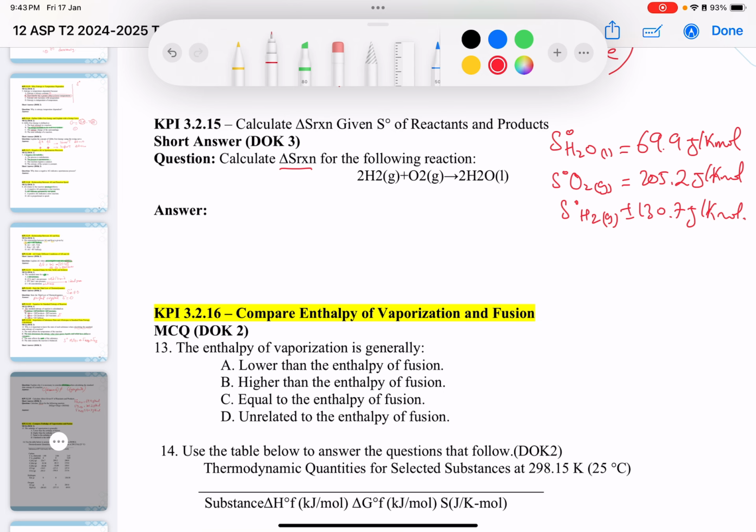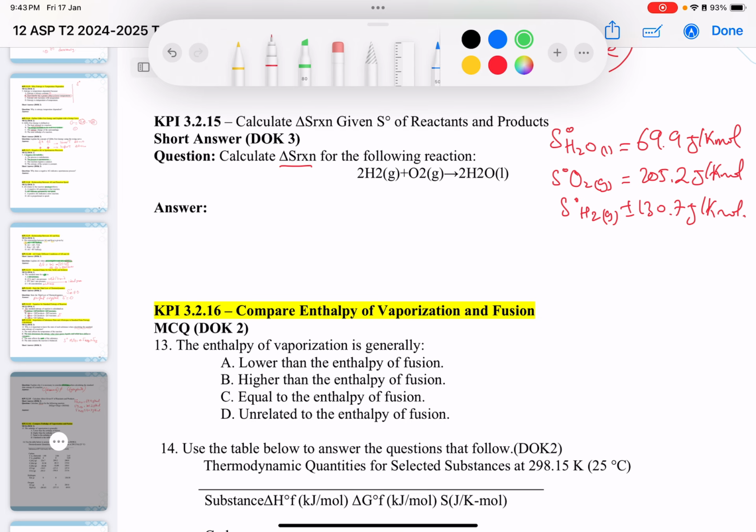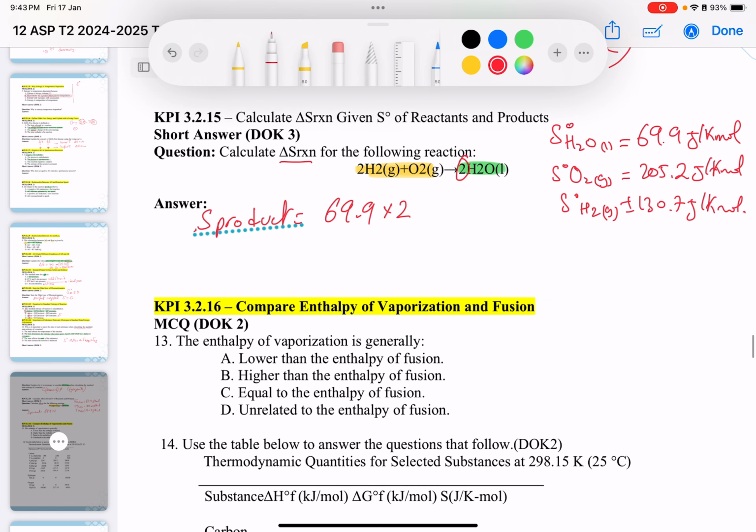You always have to be careful with this formula: it's the products' entropy minus the reactants' entropy. The entropy of products is 69.9 multiplied by the stoichiometric coefficient.